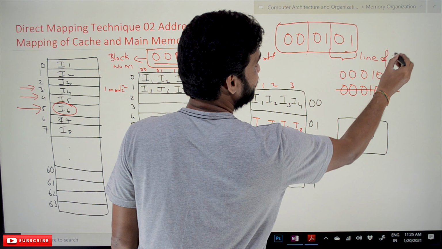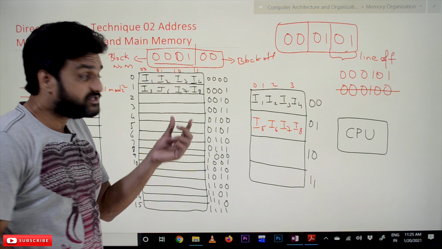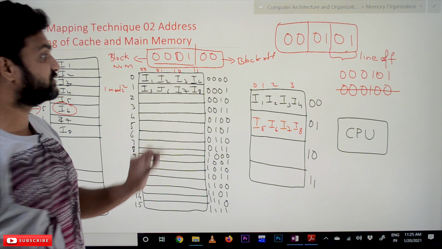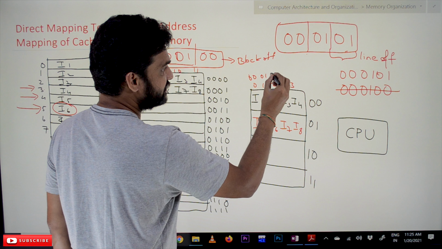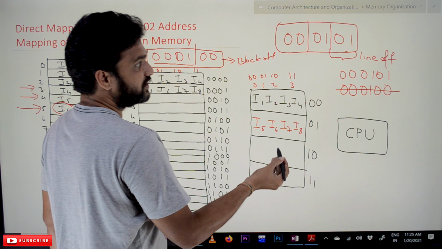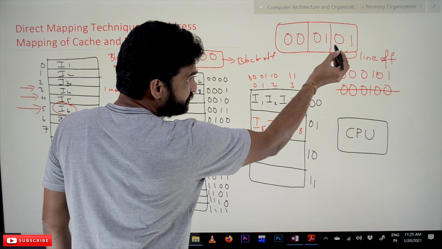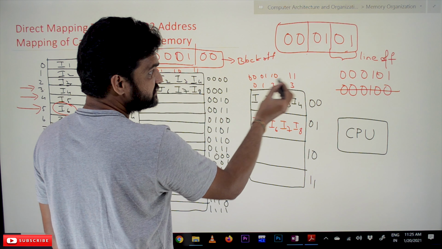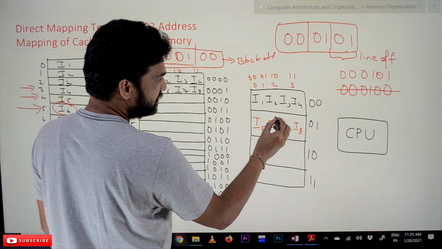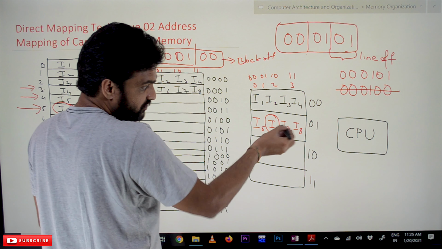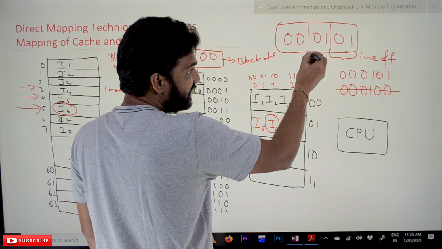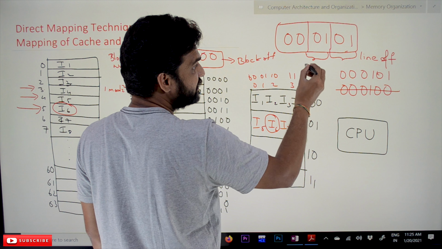Within the line, which word has to be identified? As we have already discussed, the line offsets are 00, 01, 10, 11. These 2 bits represent the line offset. 01 means this one, so I6. This is what we call the offset, and this part represents the line number.